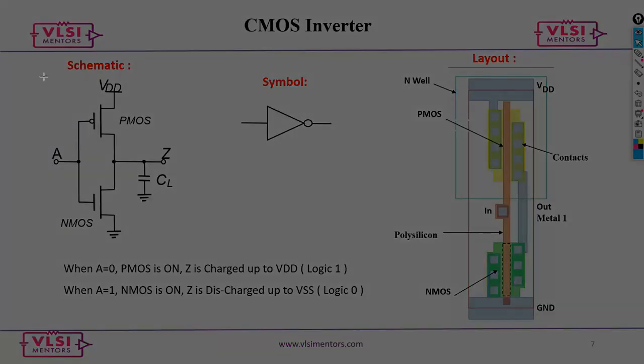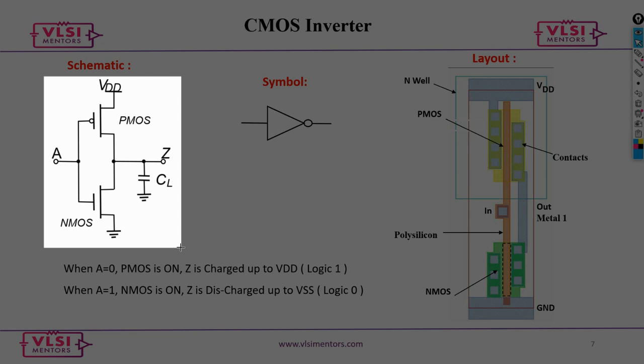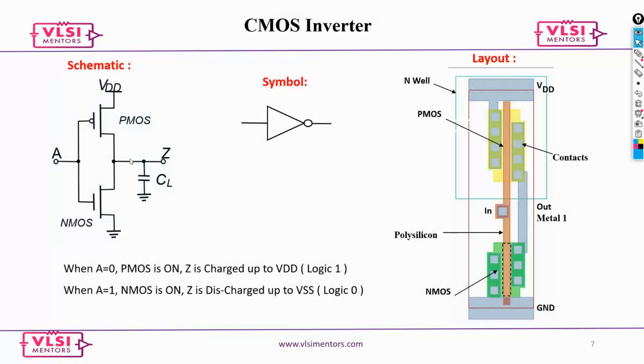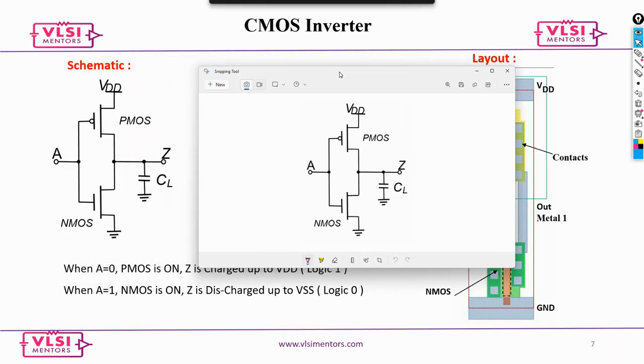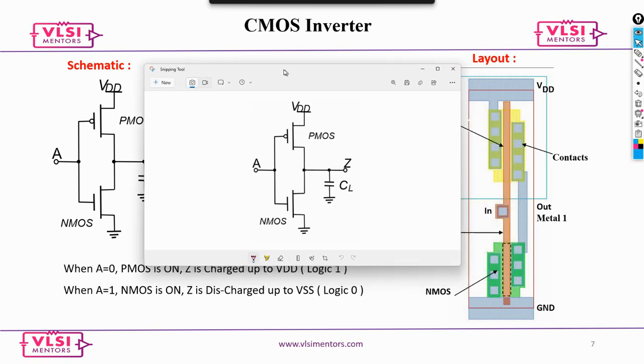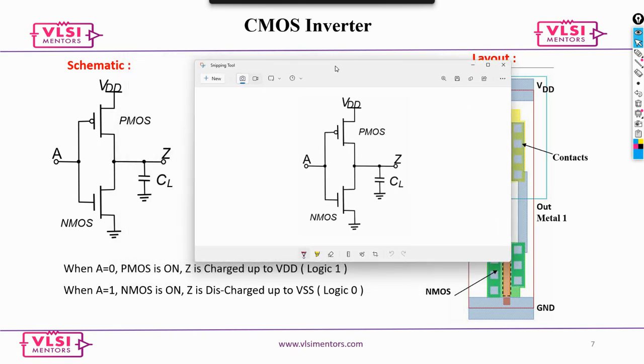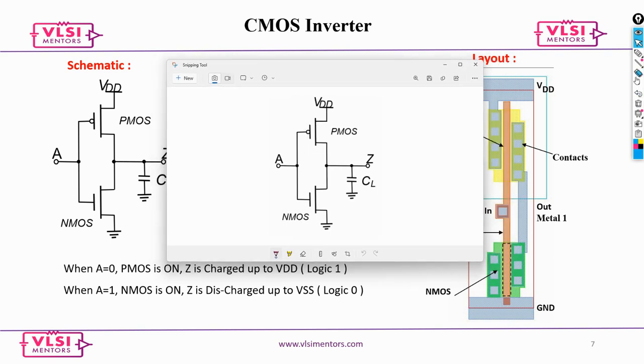So say this Z is driving this A. Now this is your first level inverter, and now this is a buffer.